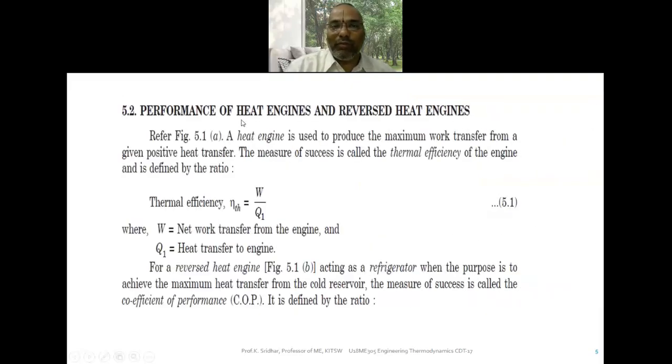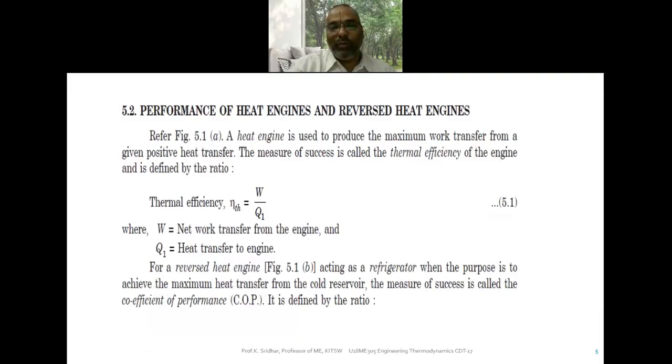How can you evaluate the performance of the heat engine? You know the basic function of the heat engine: it is a device which is used to produce the maximum work transfer from a given positive heat transfer. That is, by taking some amount of heat input, it converts it into the maximum amount of work. So how can you measure the performance of the heat engine?